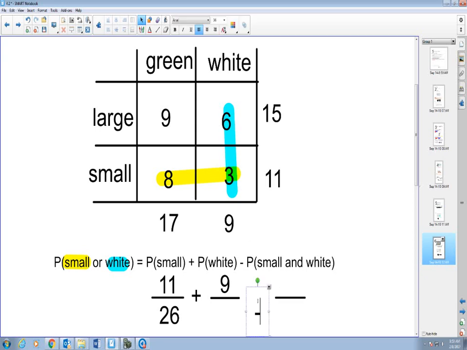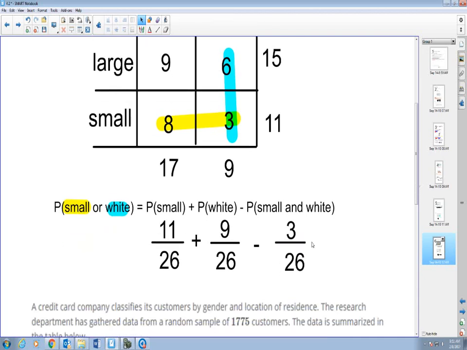That's why I have to subtract the 3 that are small and white that I counted twice earlier. So 20 minus 3 is 17 out of 26. That's my answer.